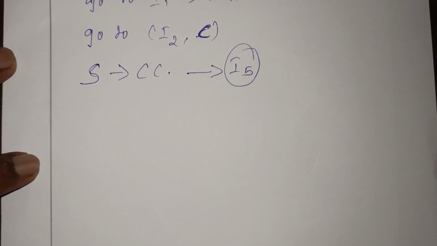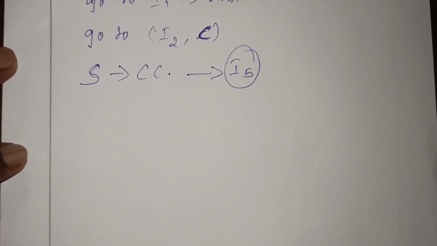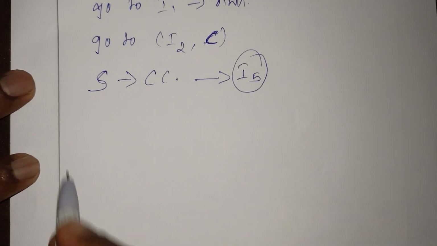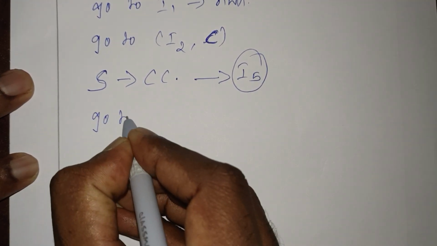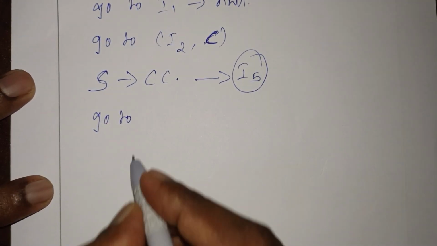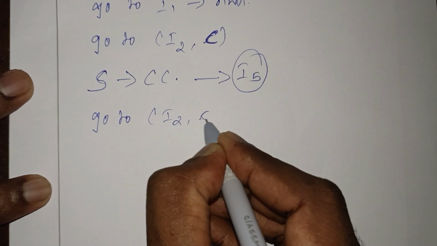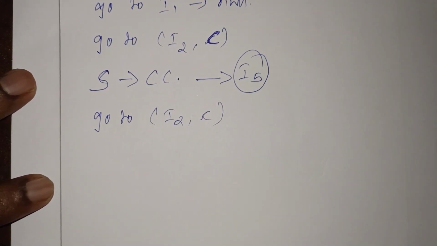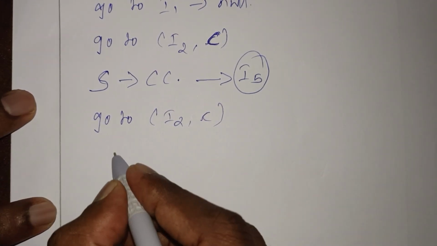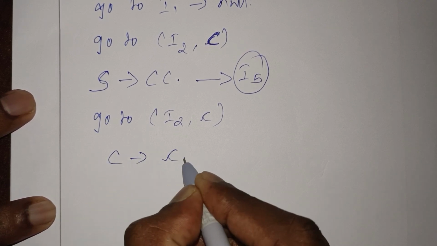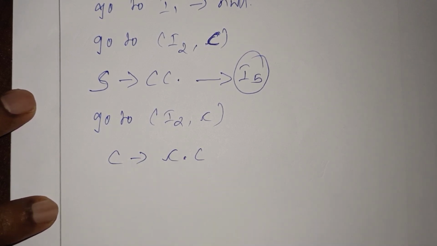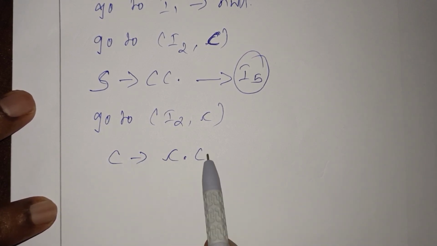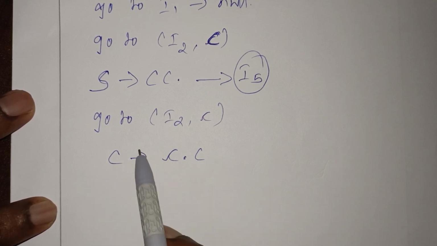We still have more process to be done in iteration number 2, so let me take you there. Again, I'm using the goto function, goto(I2, small c). We have a small c left over in I2, so we get C tends to small c dot capital C. As you all know, whenever you have a terminal and a non-terminal, we need to expand this again.